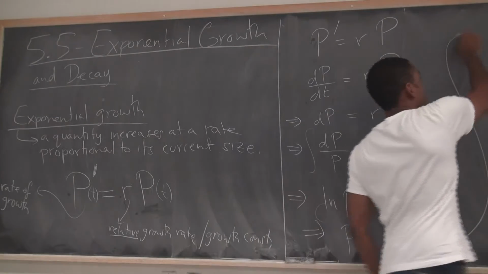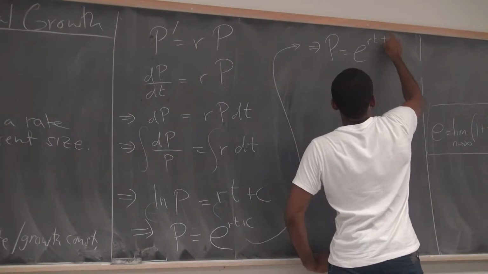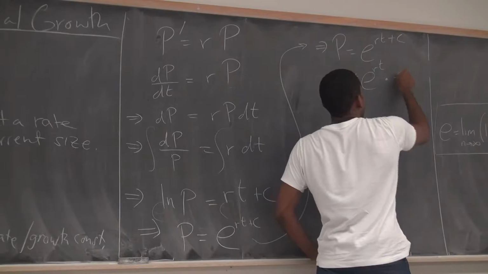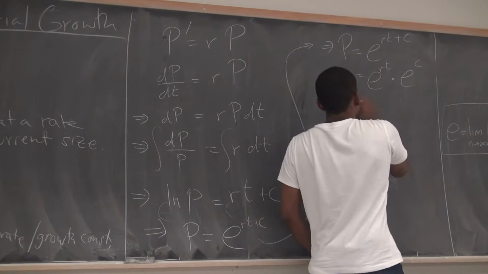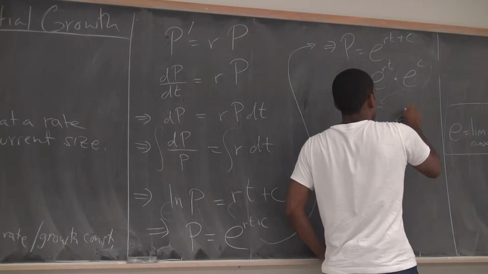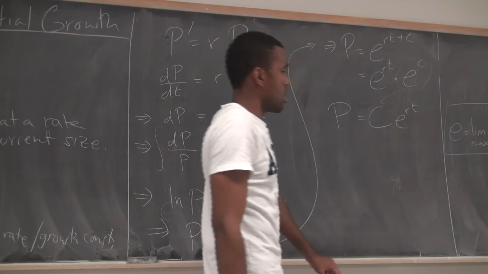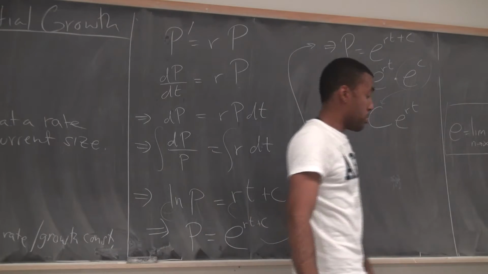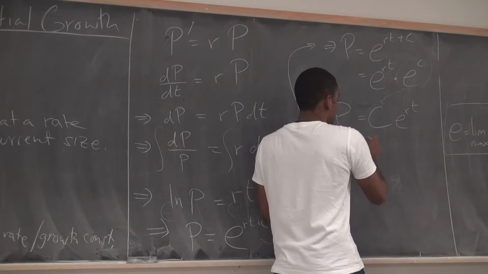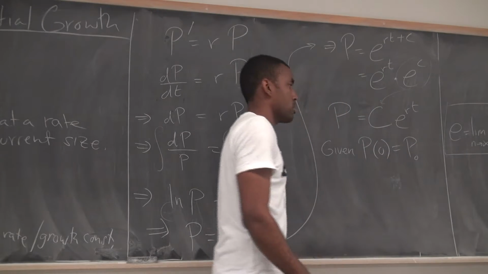This guy I can rewrite. P is equal to e to the rt plus c. This is just e to the rt times e to the c. E to the c is just another constant. Let me just rename that c. So now I know that p is equal to c e to the rt. Now let's suppose I actually know what the population is in the beginning. Let's say at time equals 0, I have P naught members in the population.